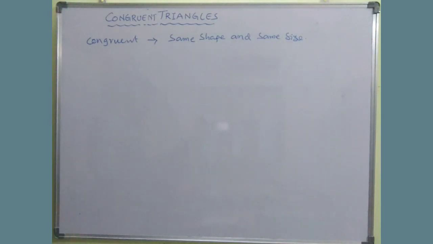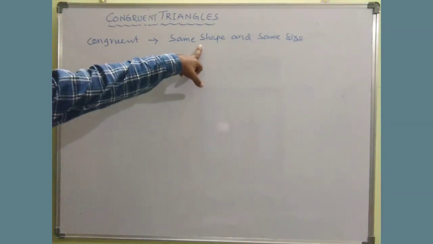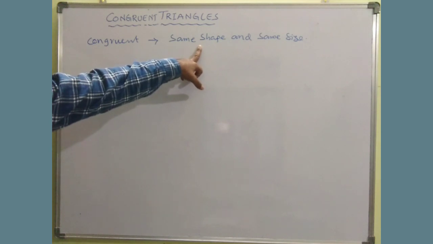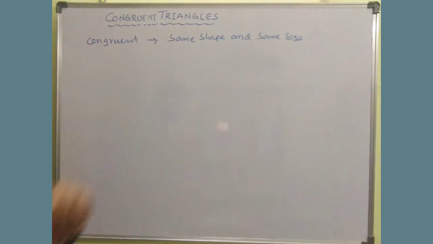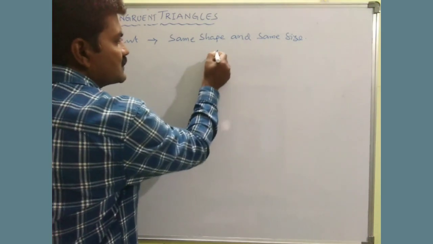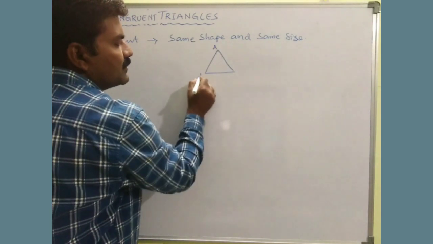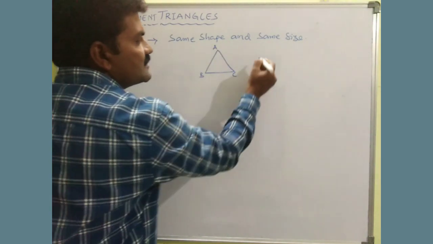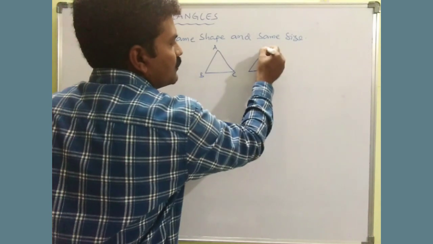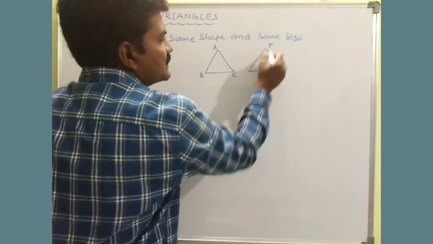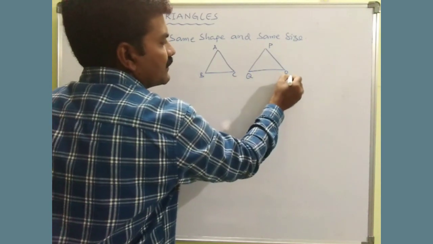Here suppose consider this is one triangle denoted by ABC, triangle ABC, and look at one more triangle, say PQR.